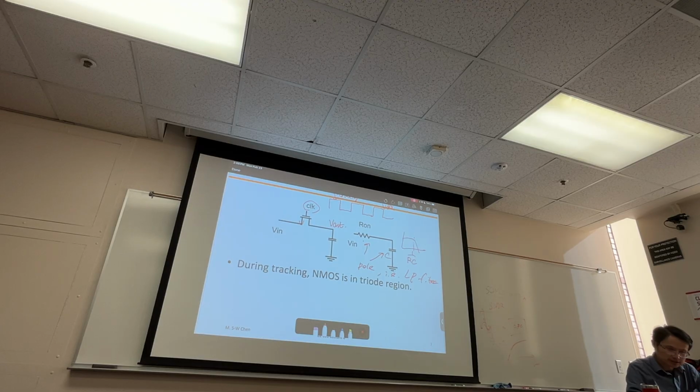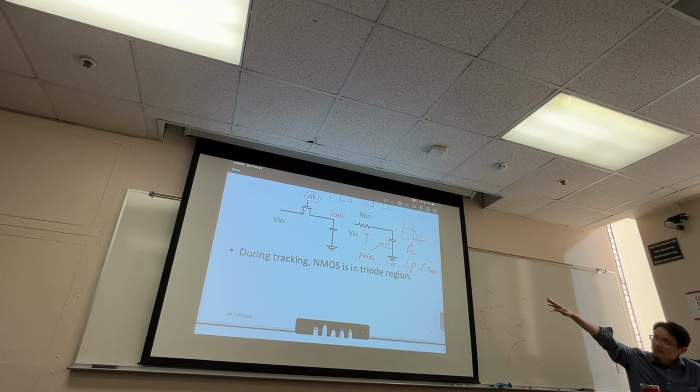To understand this, of course, we need to understand what is the value of that R. R on, and that's in the triode region. If we assume it's a square law device, what is R on? I'll give you a hint.